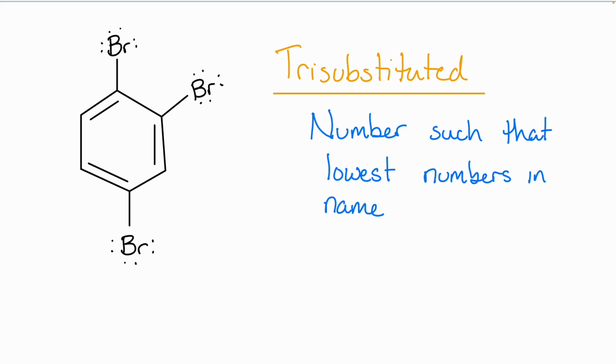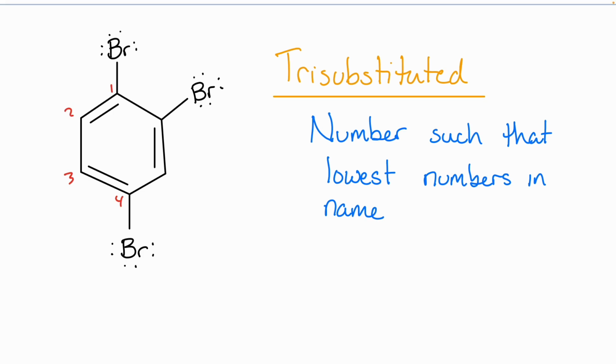All right, so because this is a ring, I can start anywhere with my numbering, right? And I could go in either direction. All right, so there's actually 6 possible numberings that I could put here. Let's just look at 3 of them. So if I go 1, 2, 3, 4, 5, 6, or let's start down here, 1, 2, 3, 4, 5, 6.